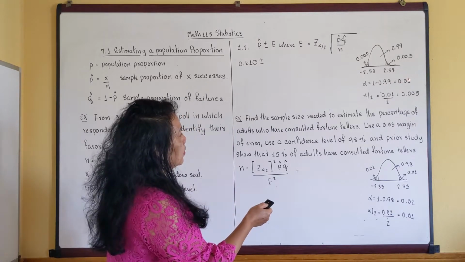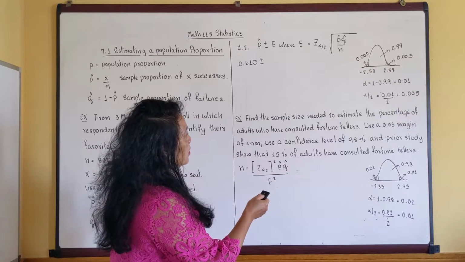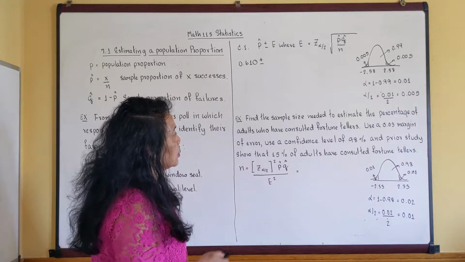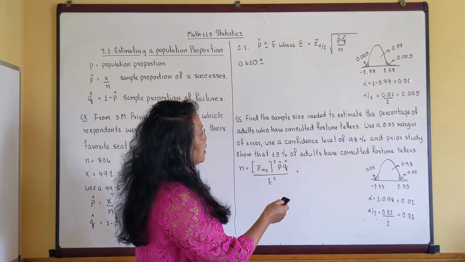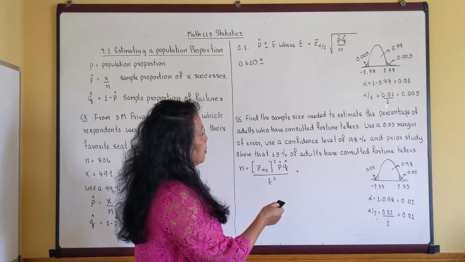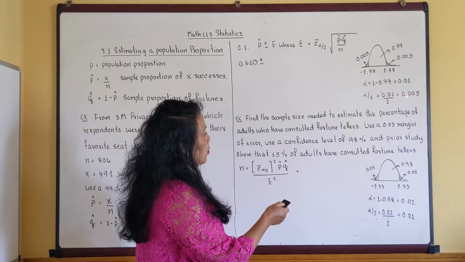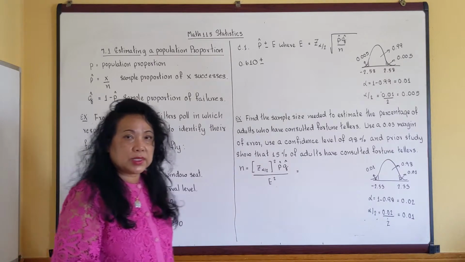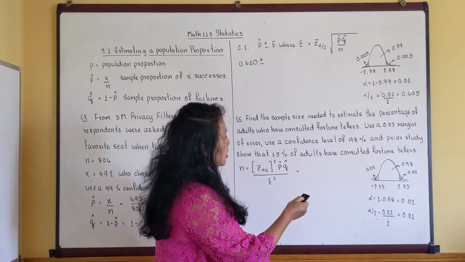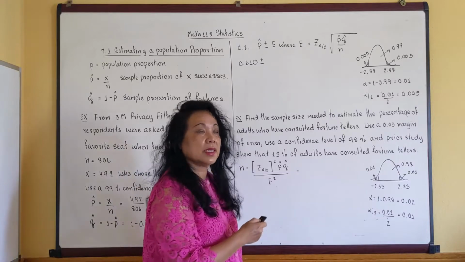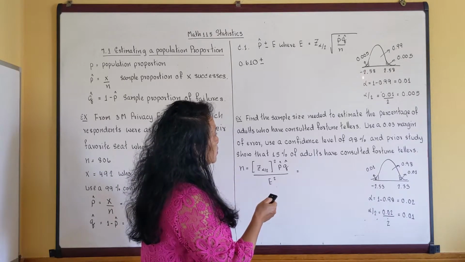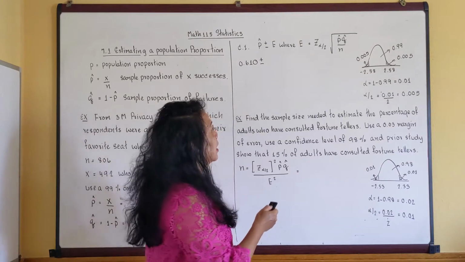So this 0.01 refers to the shaded area to the left and to the right. But because it's symmetric, they're going to be equal. So I divide 0.01 by 2, that is 0.005. Now you're going to use table A2, look for this number in the body, the z-score should be negative 2.58.